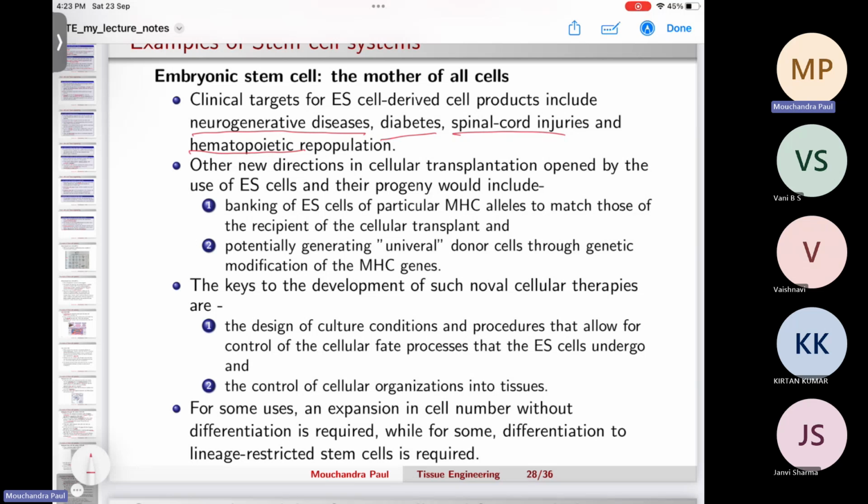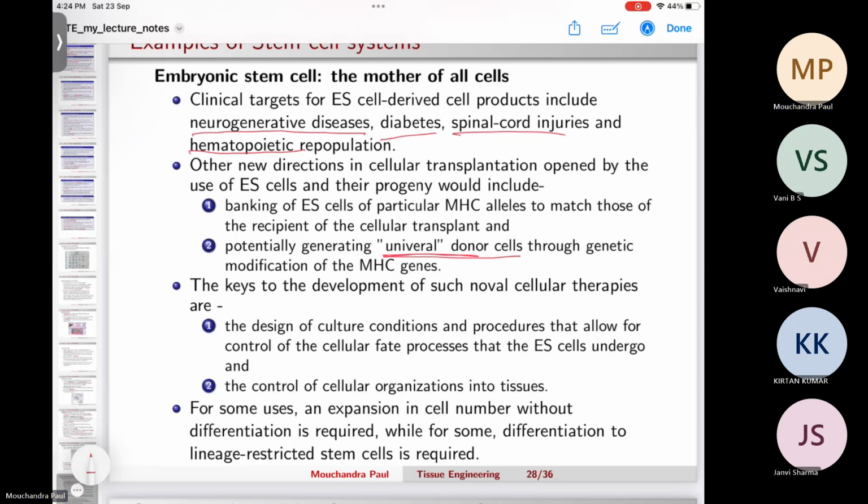Just like we do blood group matching, similarly for tissues people do MHC matching. So for cells also we can do the same, and we can modify the MHC group of these embryonic stem cells to create universal donor cells, cells that won't be rejected by anyone. The body won't be able to identify them as foreign.